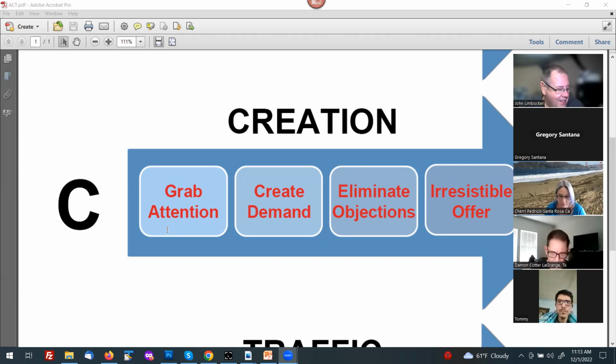So the next thing, once you grab their attention, your next job is how do you create demand and desire for what you're offering? If you can't do that, you're not going to hold their attention. It's one thing to grab their attention, but now you have to hold it. The best way to do this is in the form of education.